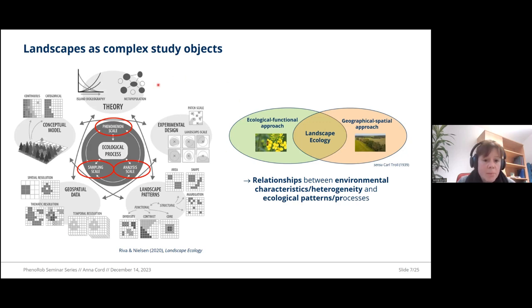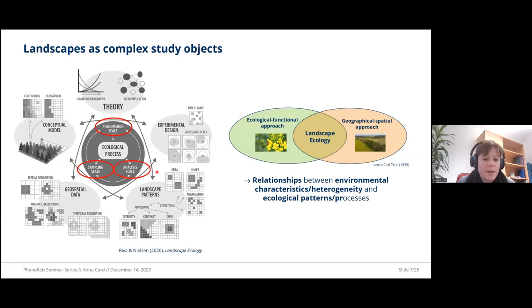So landscapes are quite complex, and I want to share this with you before I go into the details of the studies that we're doing, because it's really not so easy. We have the phenomena that we observe, so occurrences of species, abundance of species, etc., which are based in theory. There are two major theories that are relevant: the island biogeography and the metapopulation theory. And then we are faced with the reality of data availability, geospatial data, other information, which come with a certain sampling scale.